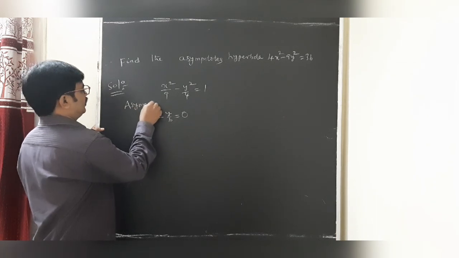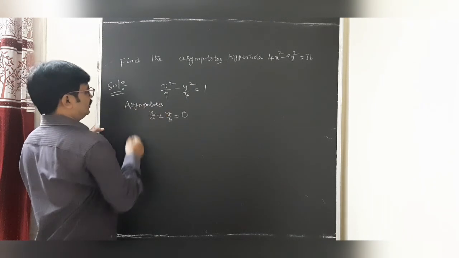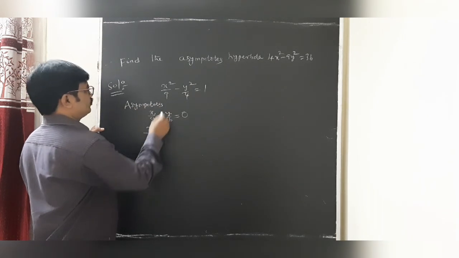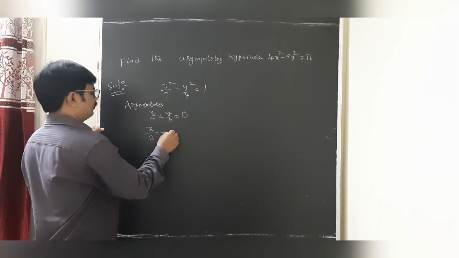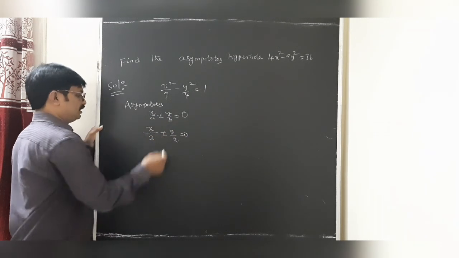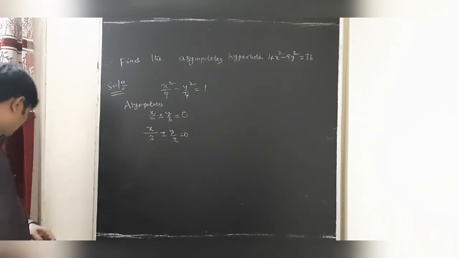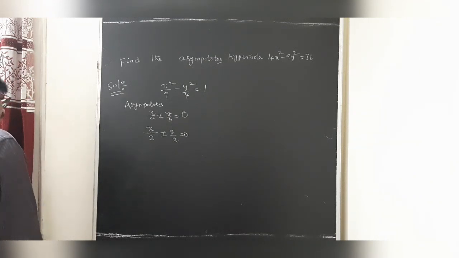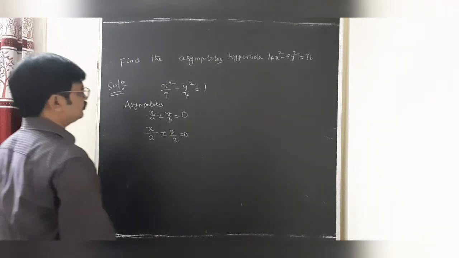Here a is 3 and b is 2. So x by 3 plus y by 2 equal to 0, and the other line is x by 3 minus y by 2 equal to 0. Is it clear, students?